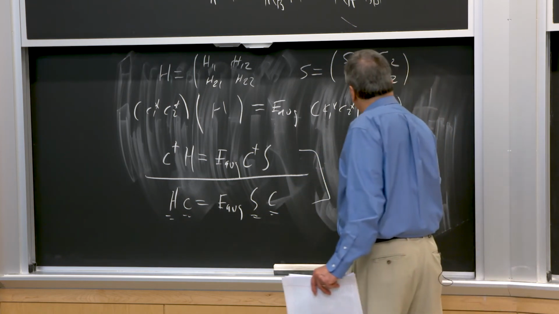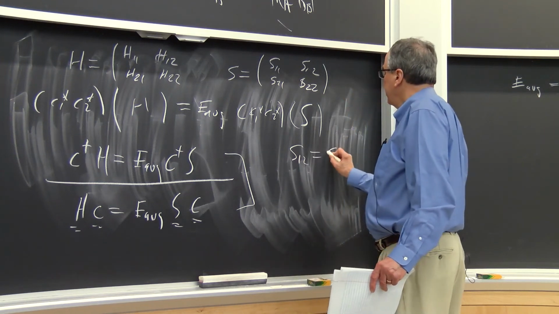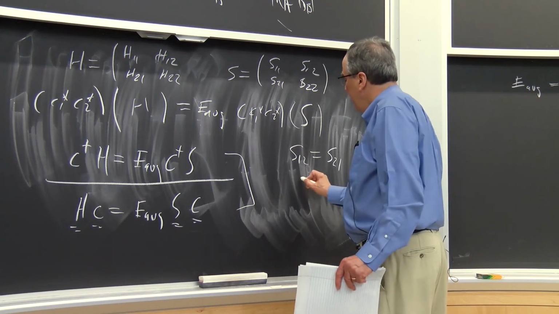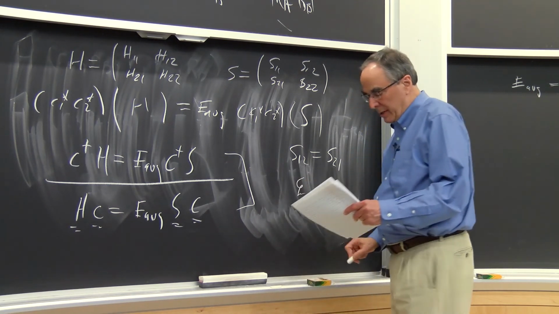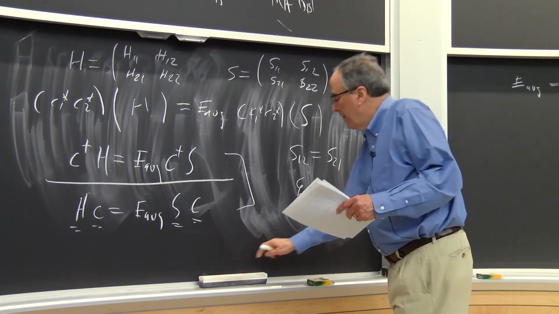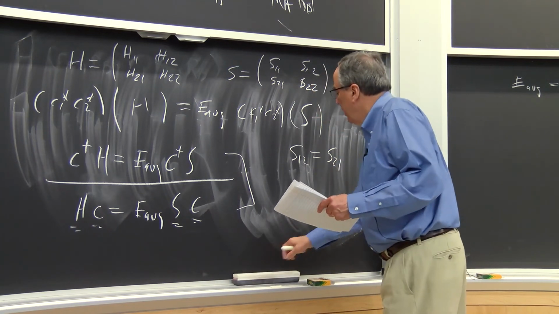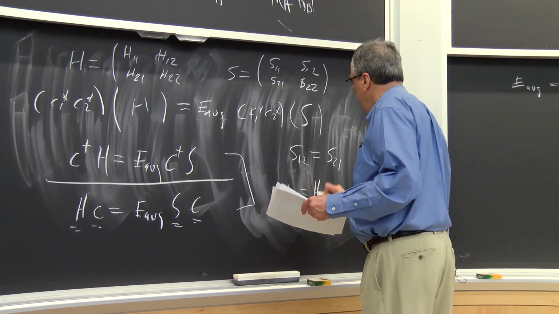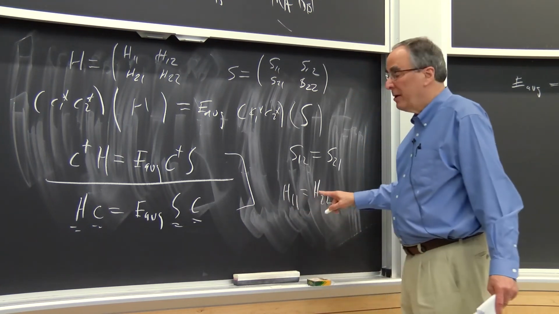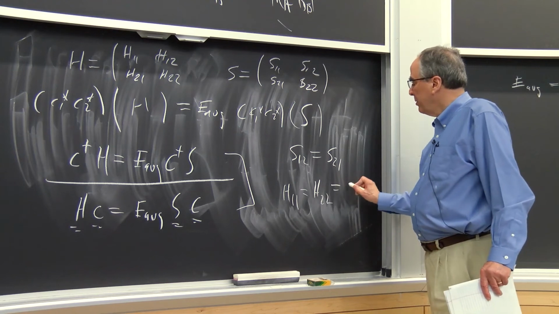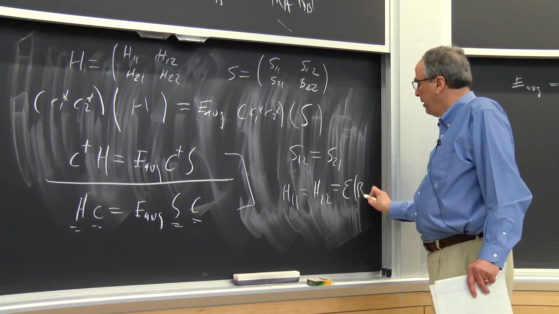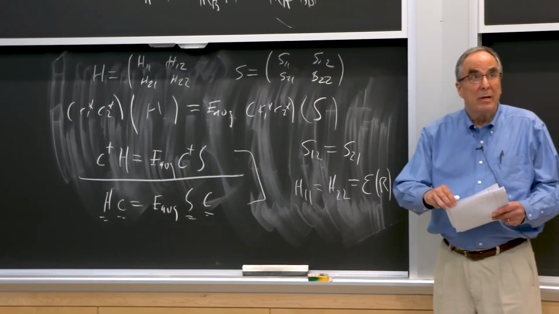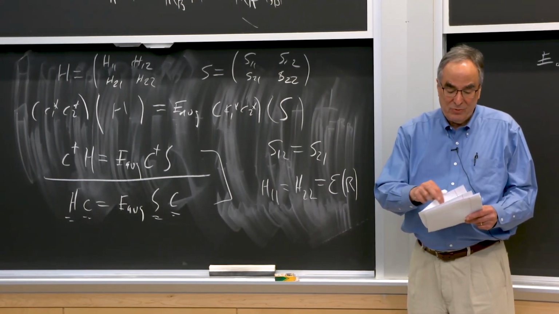But in this particular problem, we know S12 is equal to S21, and so we have H11 is equal to H22. They're both parametrically dependent on internuclear distance, and they're equal to epsilon of R. So what we end up with is an equation that looks really familiar.